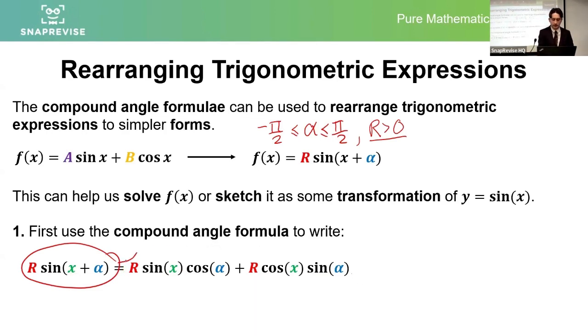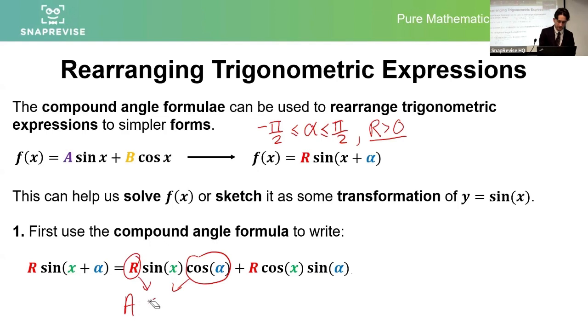And now I'm literally going to compare coefficients. So what I know here is that r cos alpha, all of that stuff, must basically link to the original question, a sine x. So more specifically, let's do this even better. That and that must be equal to a because it goes with sine x. So you're just comparing the bits.